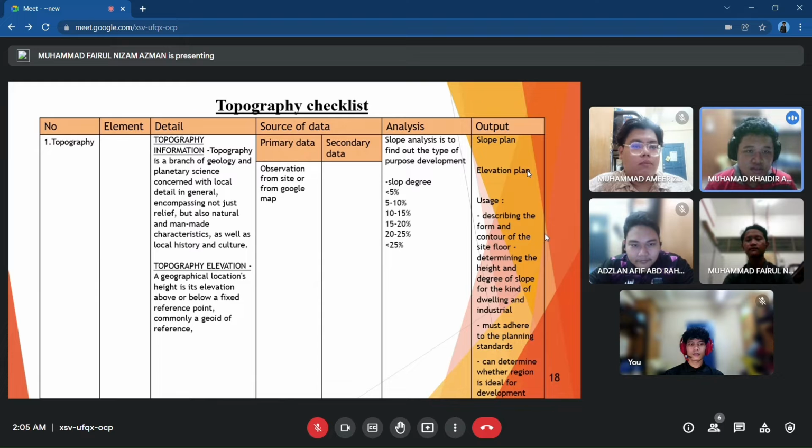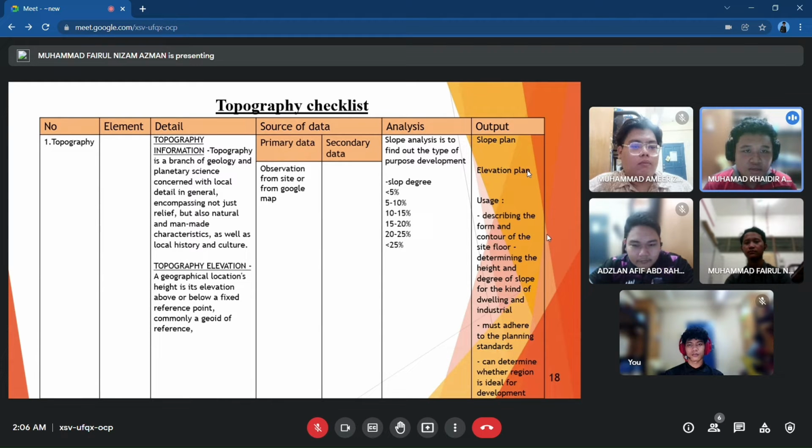Topography elevations: a geographical location's height is its elevation above or below a fixed reference point, commonly a geoid, a mathematical model of the Earth's surface as a fully gravitational surface. See geodetic datum and vertical datum.